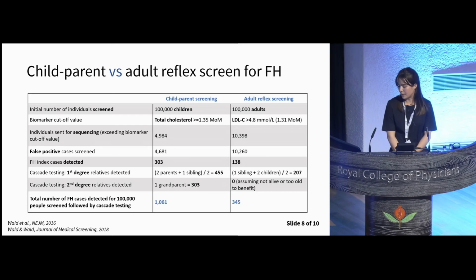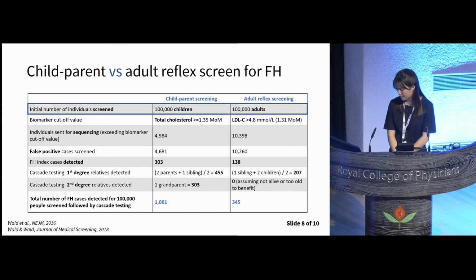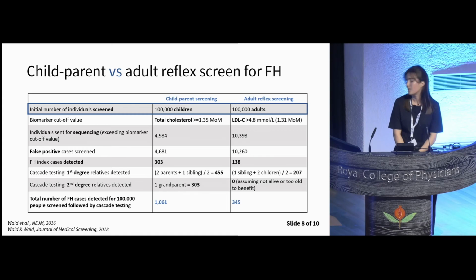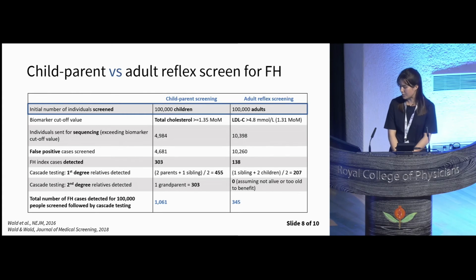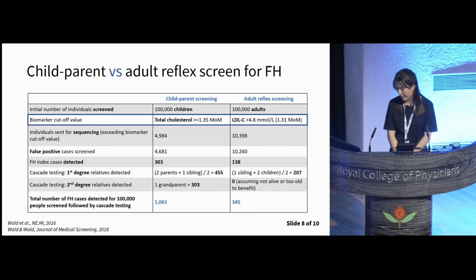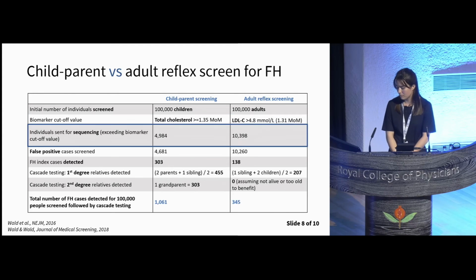Now if we compare the adult reflex screening strategy to the child-parent screen published by Wald et al., we can see that there are some differences. First of all, the child-parent screening strategy involves screening children, while the adult reflex screening strategy involves screening adults. The biomarkers evaluated and their cutoff values are also slightly different.